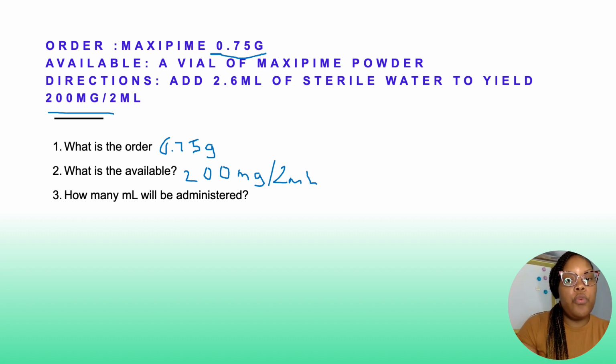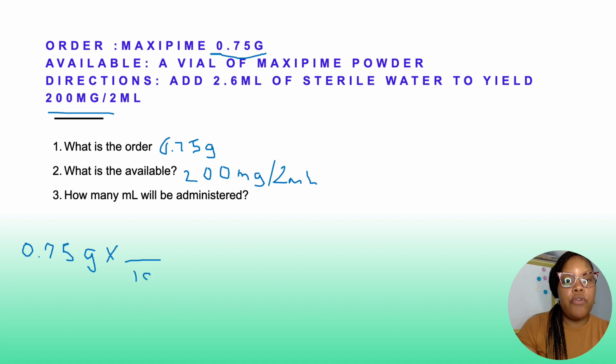So we're going to start with the order. And what we notice is that the order is in grams, but what we have is milligrams. So what do we need to do? We need to convert. Some may do it in their head. Me personally, I like to write it all out in dimensional analysis.